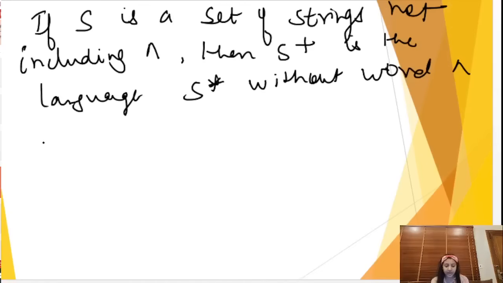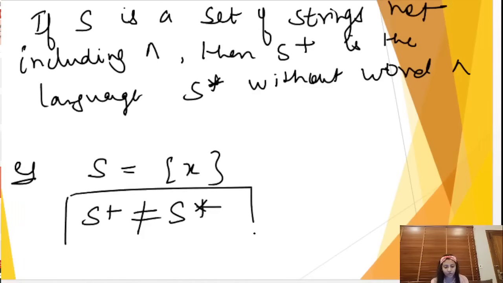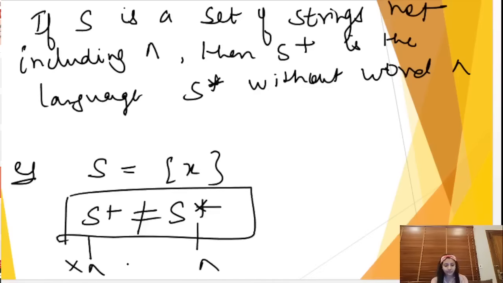So except for the word lambda, S plus and S star are exactly similar. The only difference is the word lambda. Now let's say S consists of x. Then S plus is not equal to S star, naturally, because S star will contain lambda and S plus will exclude lambda.